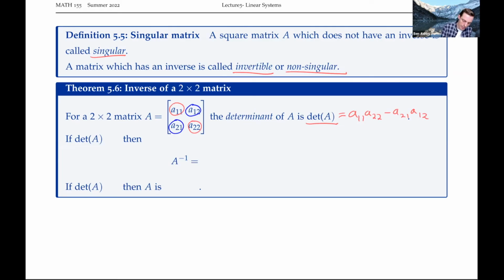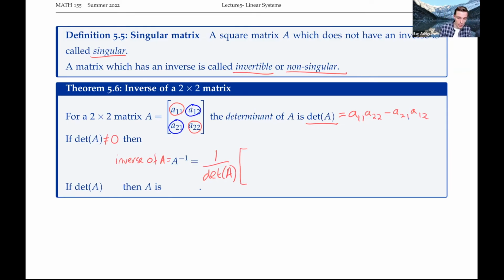And then if this determinant is non-zero, then we can say that the inverse of A, which if you recall is denoted by A to the minus 1, is given by 1 over the determinant of A, which is just A11 A22 minus A12 A21, assuming that's non-zero.